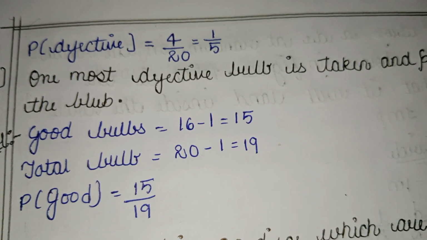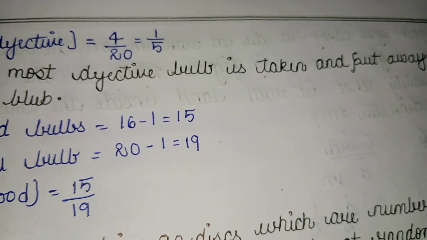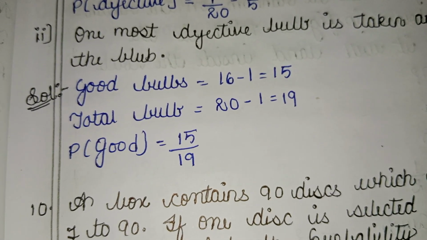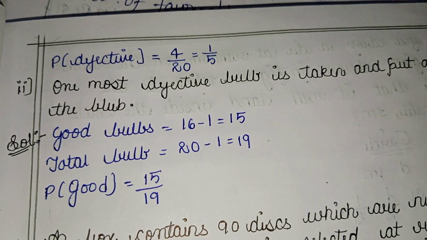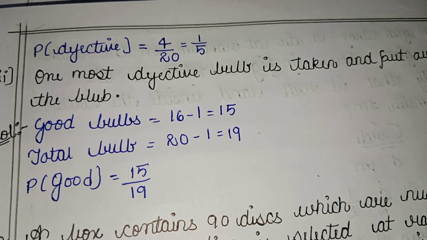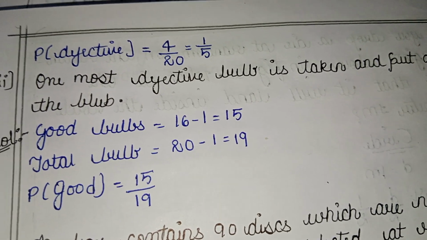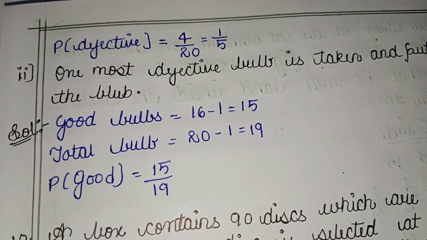Now, one defective bulb is taken out and put away from the lot. So, now, what is the... Sorry, not a defective one. Here, a good bulb is taken away. The question is written wrong. Okay na?